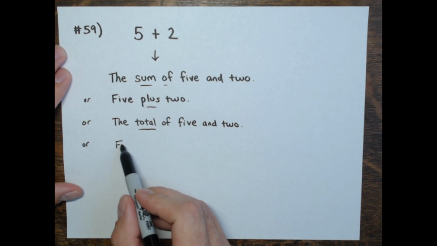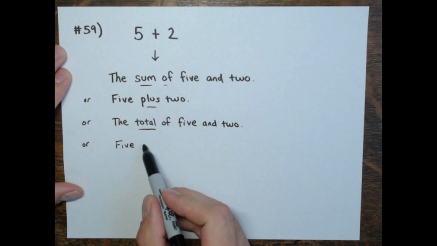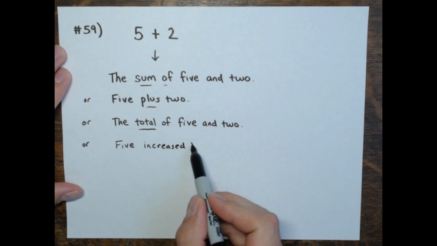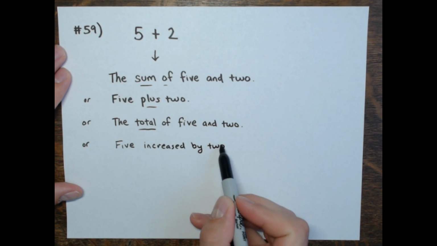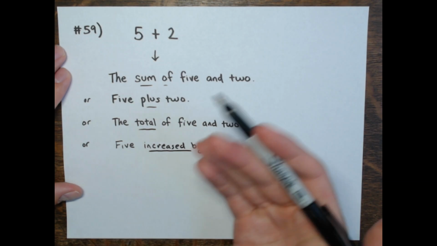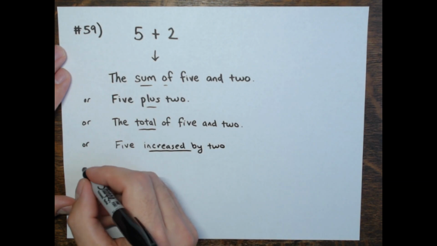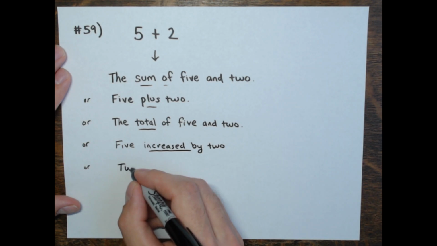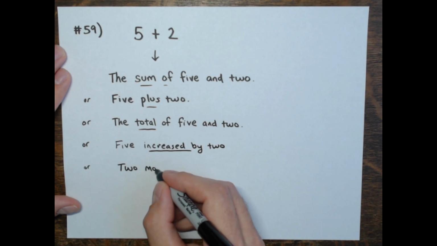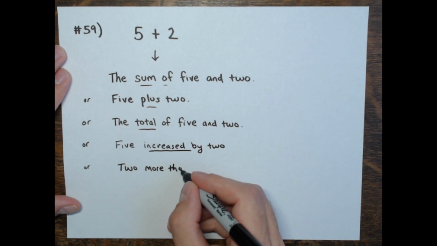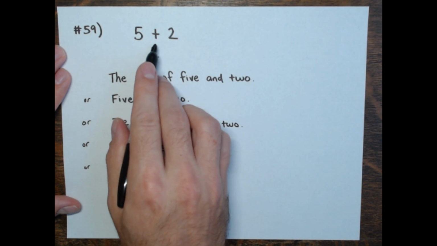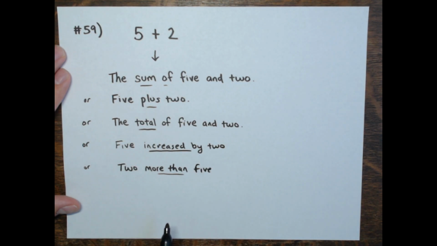This could also be 5 increased by 2. Increased by means add 2 to 5. Or this is 2 more than 5, because you're starting with 5 and then putting 2 more on, adding 2 more, so 2 more than 5.